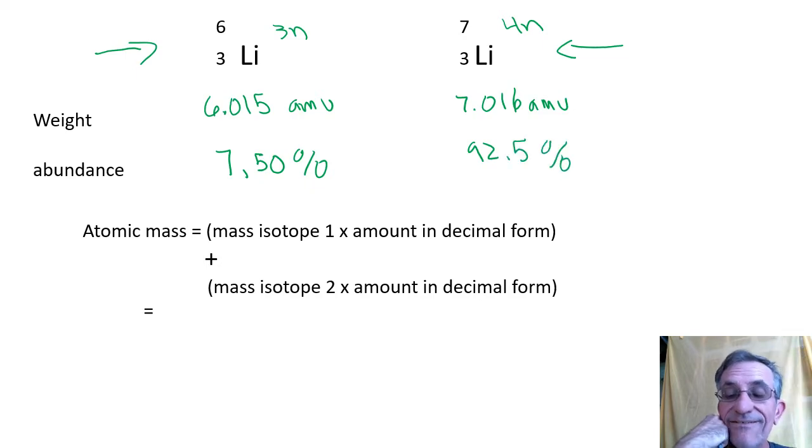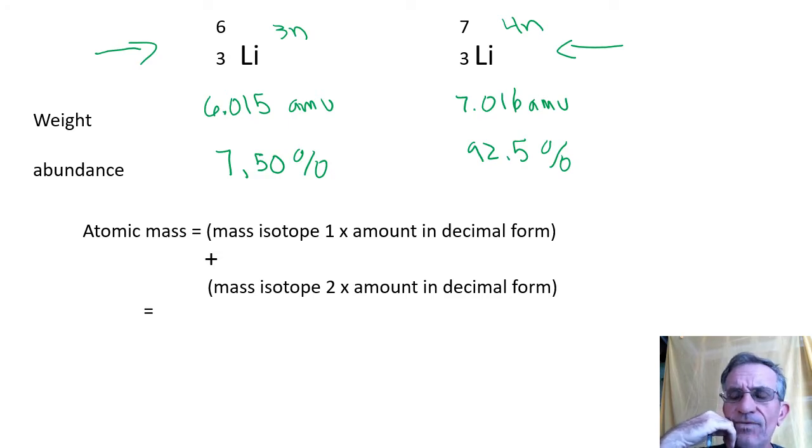So lithium-7 is way more common. So what we're going to do is figure out the average weight. But we don't want to just add them up and divide by 2. We want to take into account that there is a whole lot more lithium-7 in the world than lithium-6. And that's what this equation does. It takes into account that lithium-7 is way more common.